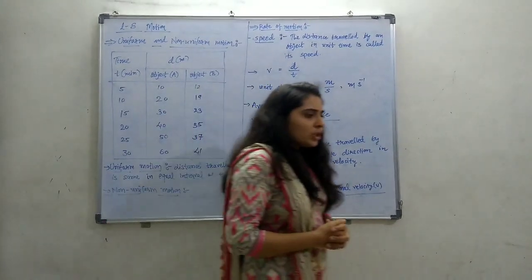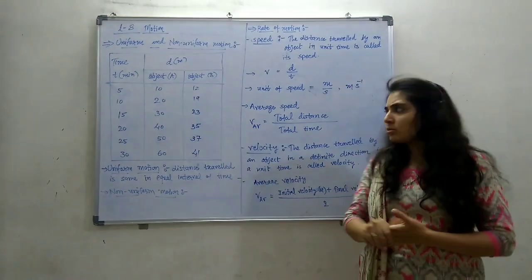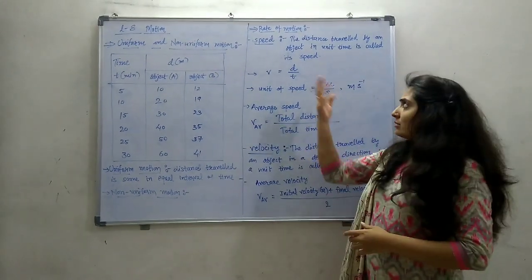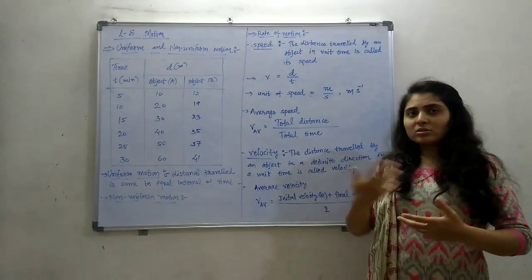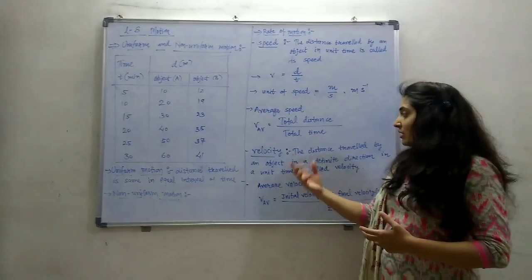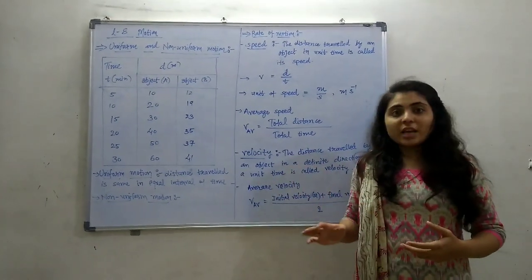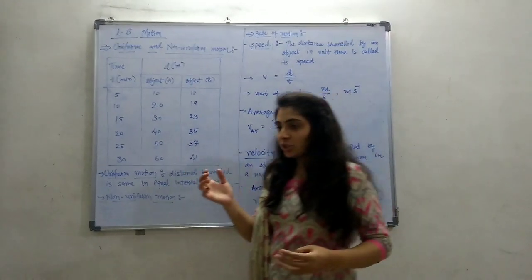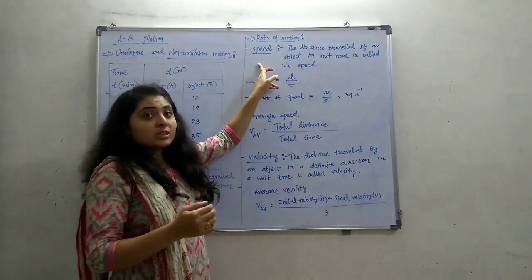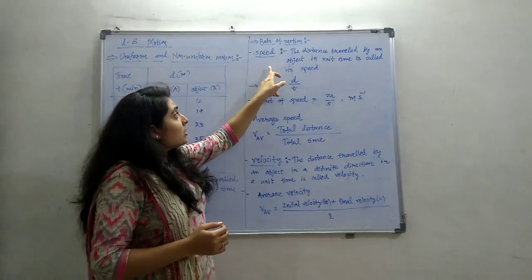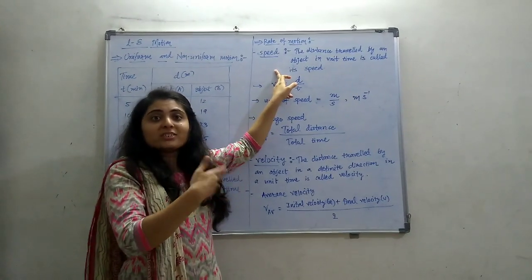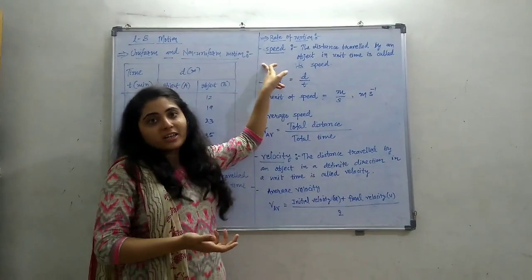For a uniform motion, the velocity will be constant, like speed. Speed is constant, velocity is also constant. But how can velocity be changed? See, if the distance traveled by the object is varying, then speed can change.